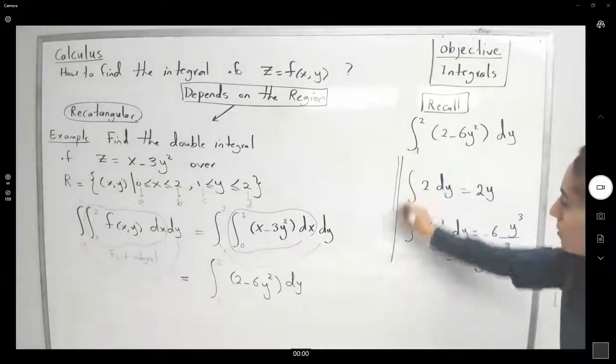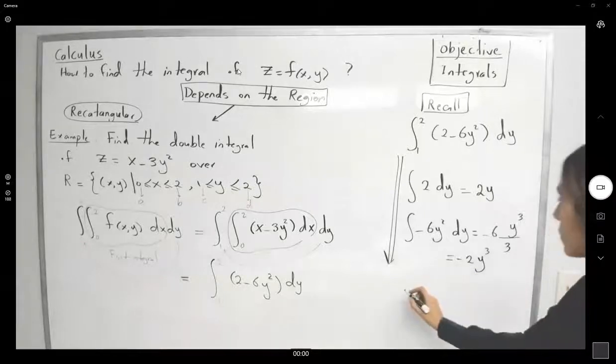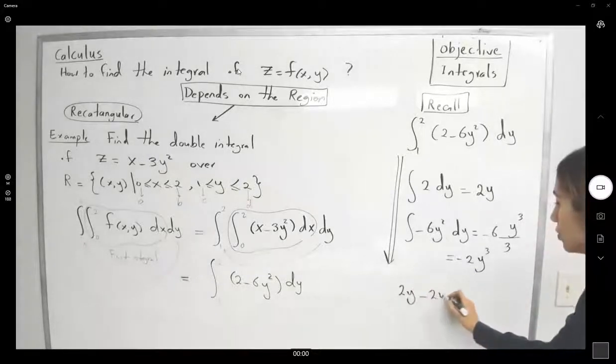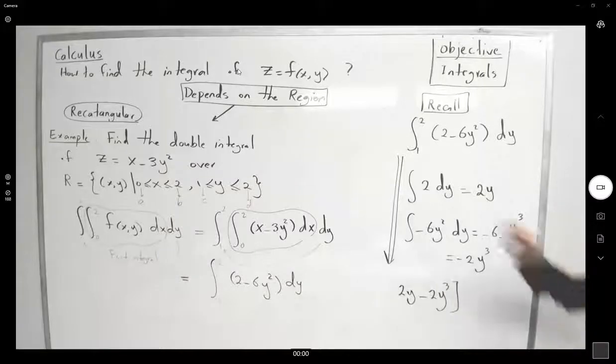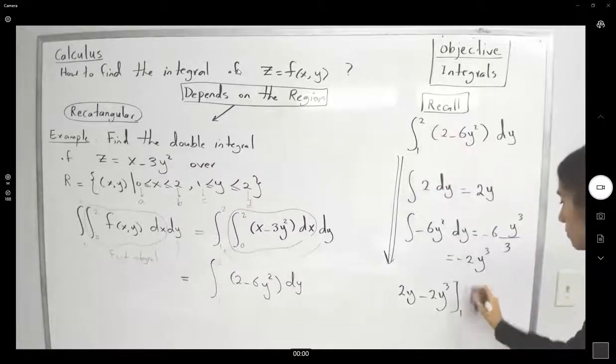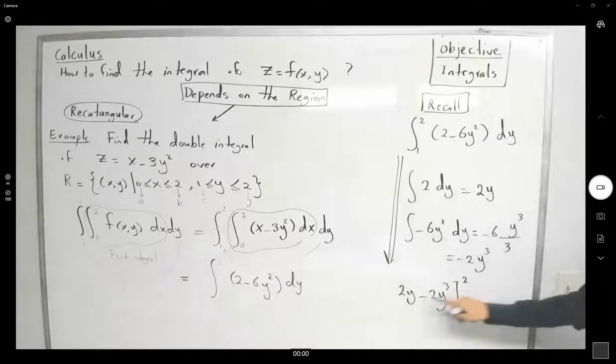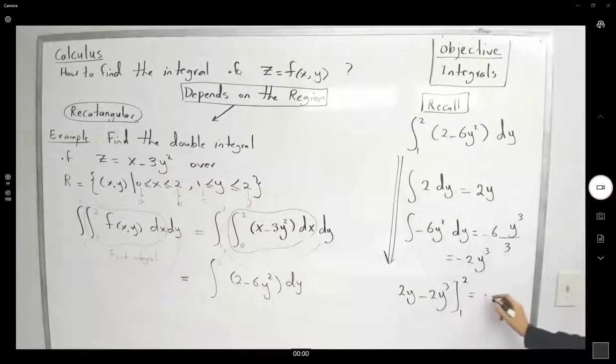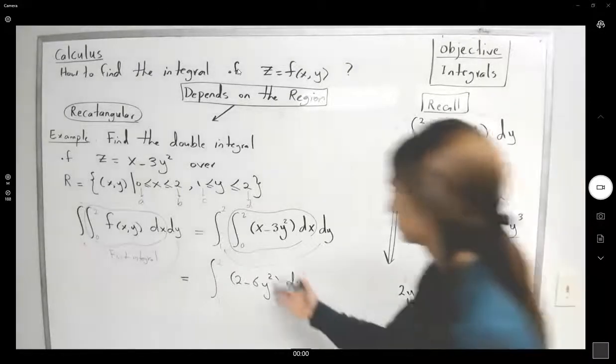So this integral becomes 2y minus 2y cubed as y changes between 1 and 2. If I plug in 2, I get 4 minus 2 times 8, minus, if I plug in 1, I get 2 minus 2, which is just 0. So the outcome is 4 minus 16, which is negative 12. This is my integral.